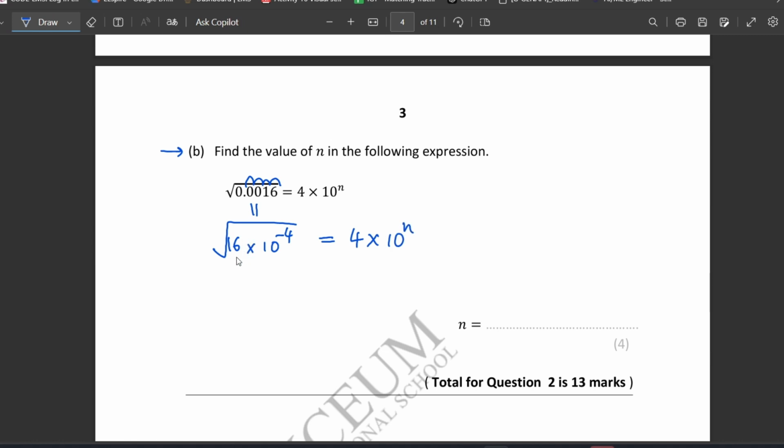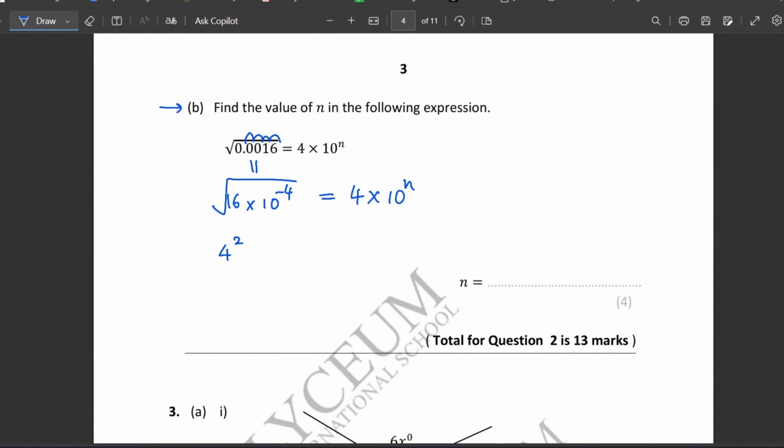Okay, now 16 is 4 times 4, 4 squared. So we can write 16 as 4 squared, and this also we can write as 10 to the power minus 2 times power 2.